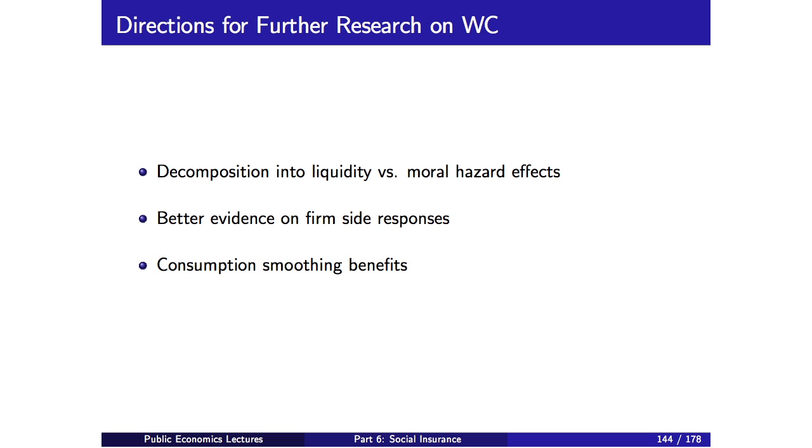So, if you're interested in doing empirical work on workers' comp, what are some directions? So we've seen from the Meyer et al. paper that people take longer to come back to work when you give them more benefits. But as we've talked about, that could be due to a combination of liquidity and moral hazard effects, right?